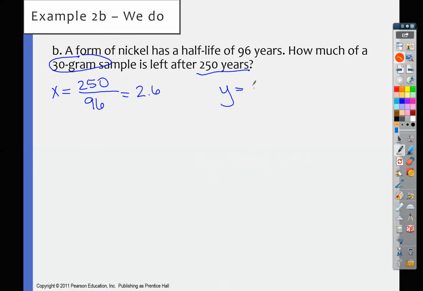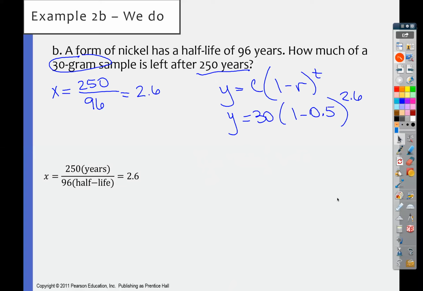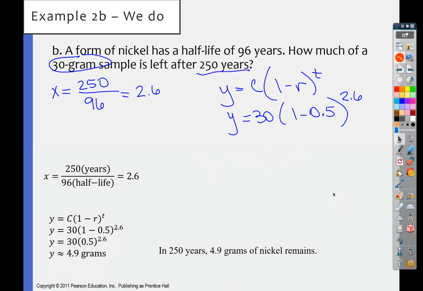A 30-gram sample. So remember, it's c times (1 minus r) to the t. So y equals 30 times (1 minus one half), because it's half-life, to the 2.6. If I do all that in my calculator, I get 4.9. So in 250 years, 4.9 grams of nickel remain.